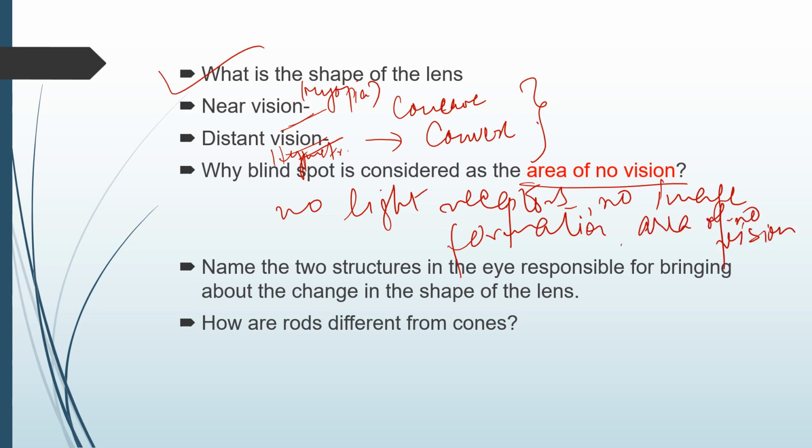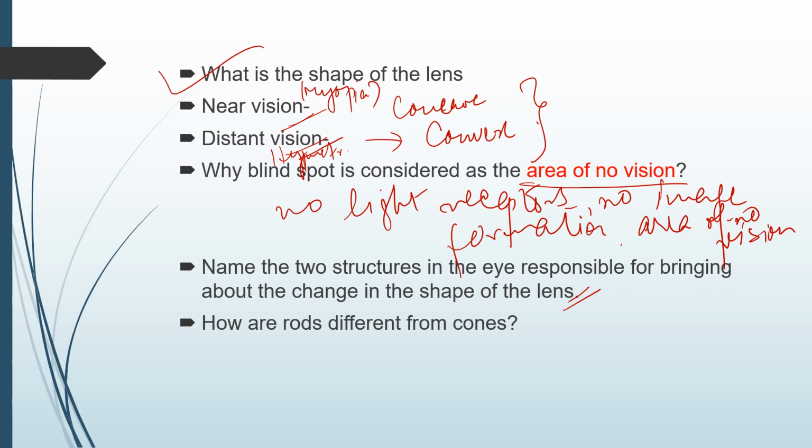Is it clear? Now name the two structures in the eye which are responsible for changing the shape of the lens. How does the shape of the lens change? There are two supporting structures which are holding the lens. What is changing the lens? We can say the suspensory ligaments and the ciliary muscles. The lens contraction, elongation and thickening depend on the ligaments which are holding the lens.